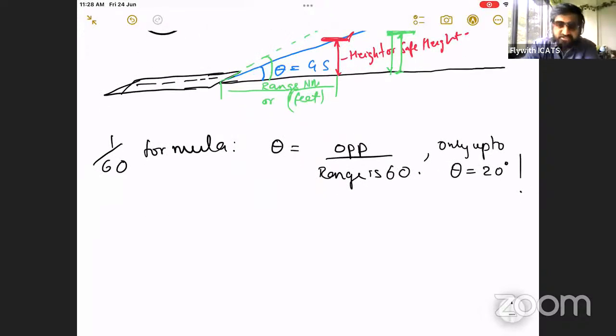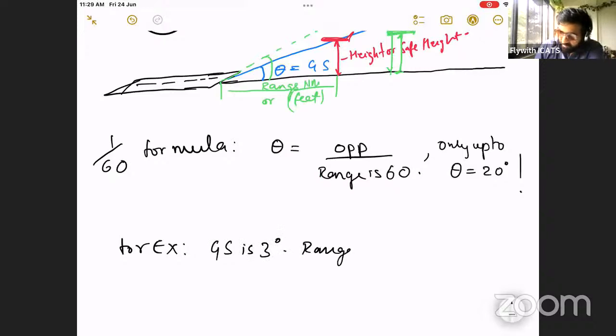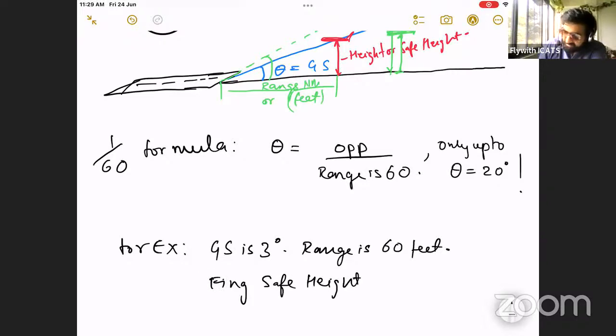Whenever your range has a figure of 60, for example, glide slope is 3 degrees, range is 60 feet, find the safe height.